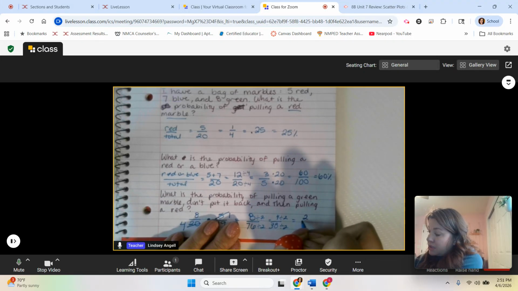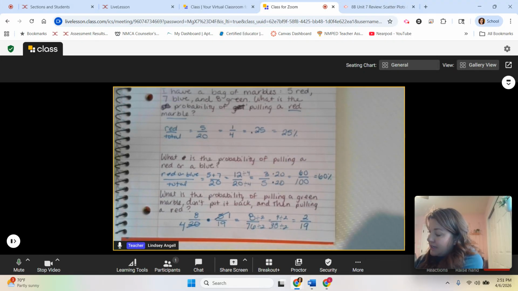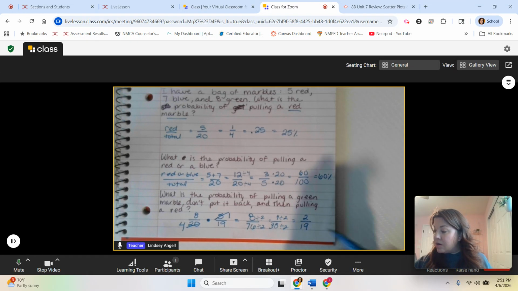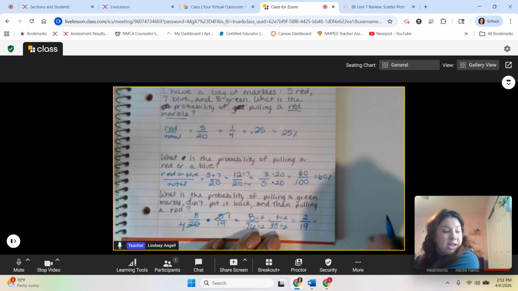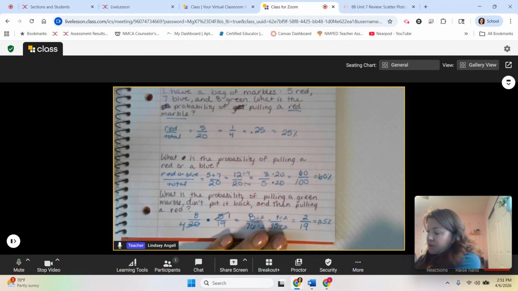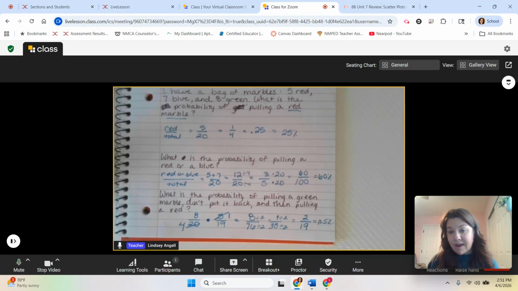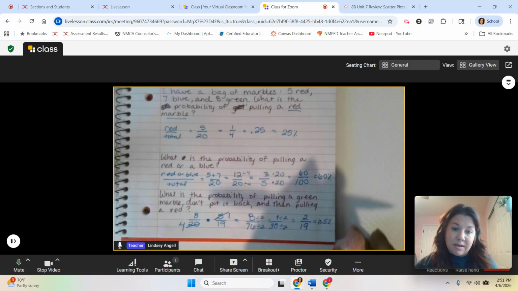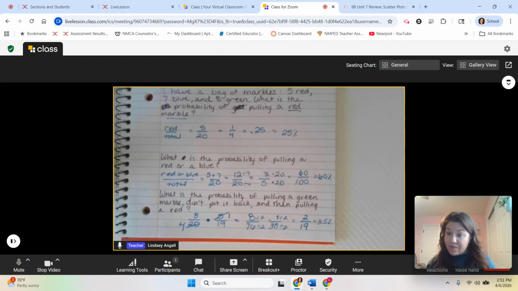That would be one option. Or if I need to write that as a percent, I can divide my numerator by my denominator, and that would give me approximately 10.5%. So we have a 10.5%, or 2 out of 19, chance to pull a green and then pull a red.